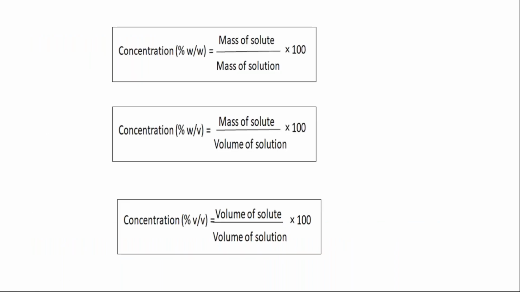These are the formulas for percent mass. As I said, very often, instead of mass by mass, we use weight by weight. It is equivalent to the mass of the solute divided by the mass of the solution into 100. Concentration is mass of the solute by volume of the solution into 100. And concentration percent volume by volume is the volume of solute divided by the volume of the solution into 100.